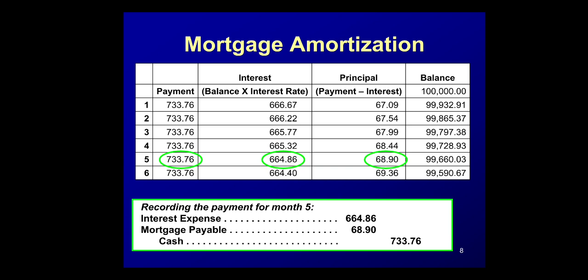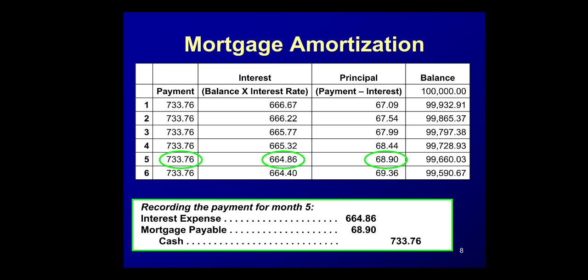For example here, let's say you want to record the repayment of the loan for the 5th month. So see the schedule. In the 5th month, the payment is $733.76. So that is the amount of the payment, and that is the amount of the cash out.